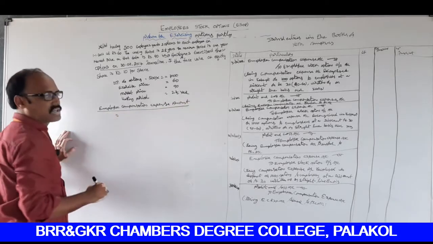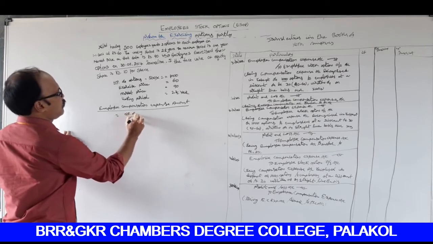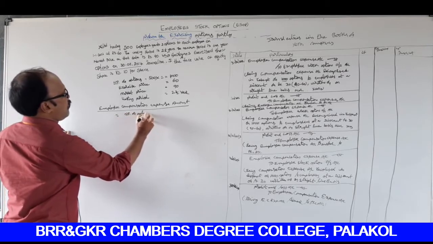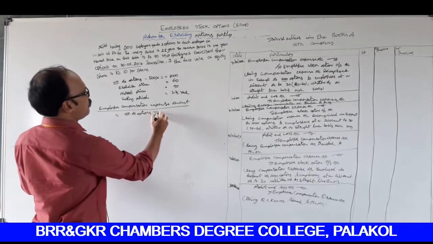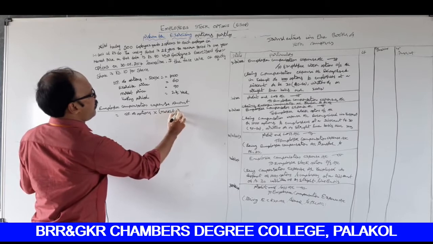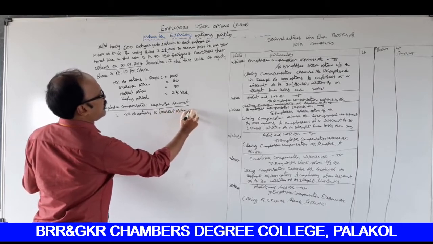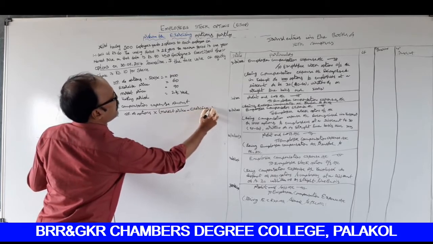Employee compensation expense amount is equal to number of options into market price minus exercise price.